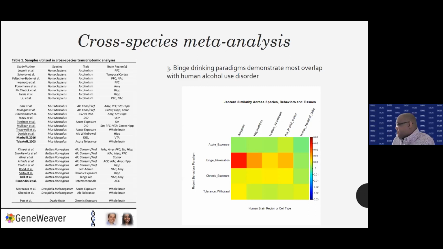And that's already going to be somewhat biased based on the choices people made in terms of what phenotypes they studied and what brain regions they studied. So I would hesitate to say at this point necessarily that a binge model does better than another model.